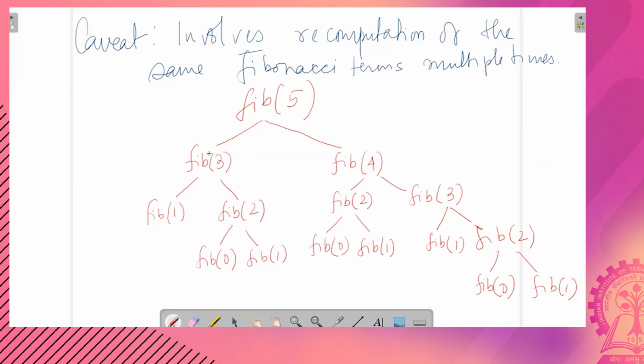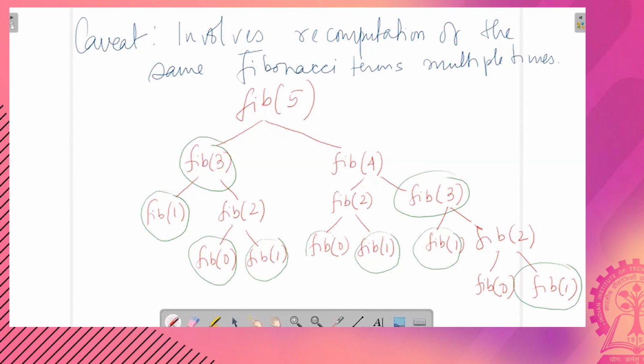So fib3 is being called twice. Fib1 is being called 1, 2, 3, 4, 5 times. Similarly fib0 is called 1, 2, 3 times.